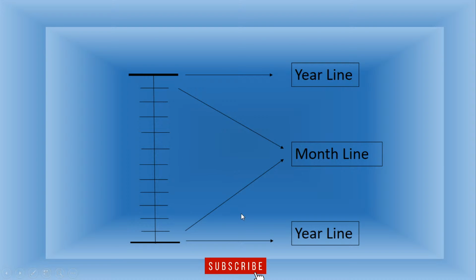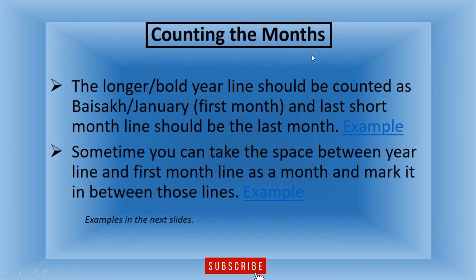Now, the main problem students have is making mistakes in counting the months. The longer or bold year line should be counted as Baisakh or January, the first month, and the last short month line should be the last month.